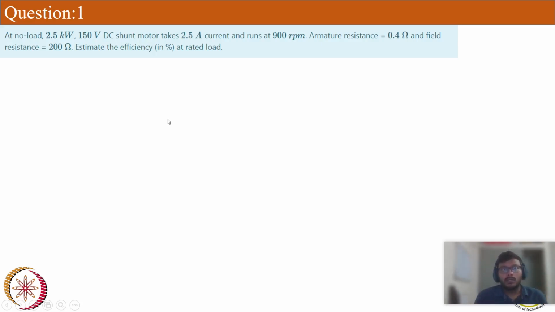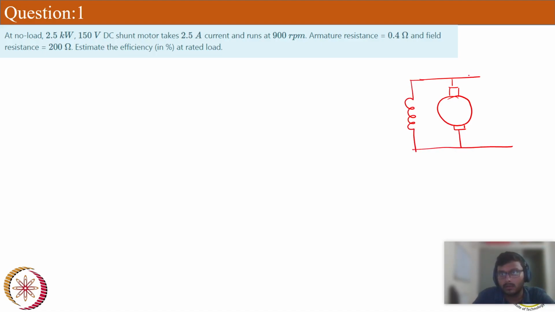Okay. Yeah. So let's first draw how it looks. It's a DC shunt motor. You also please draw with me, take a pen and paper and draw.